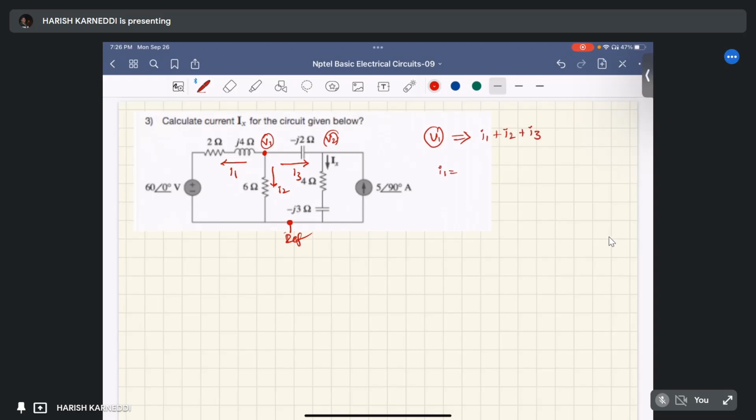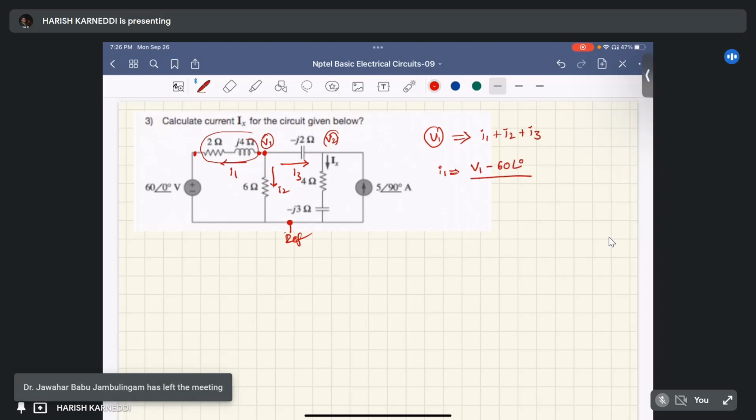How can we write I1? I1 is the potential across this impedance divided by this particular impedance, right? What is the potential across this impedance? It is V1 minus the potential at this point, which is 60 at an angle of 0. What is the impedance?